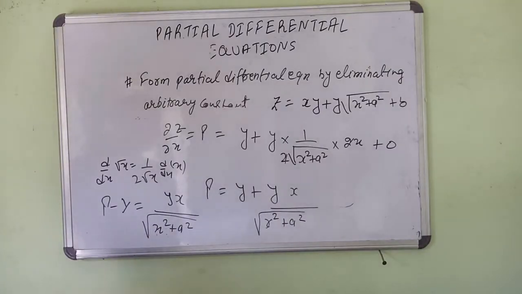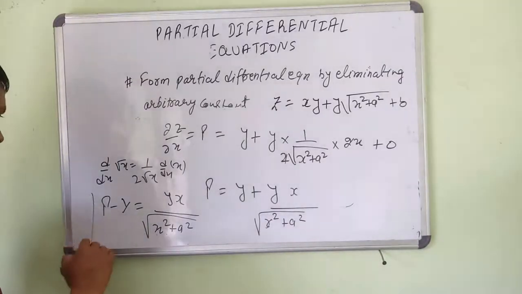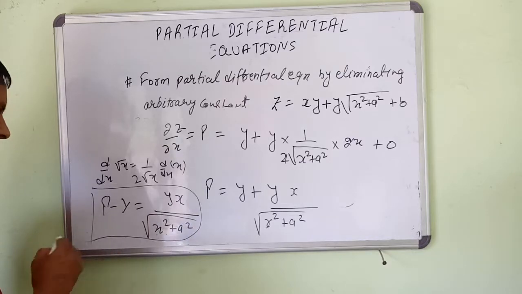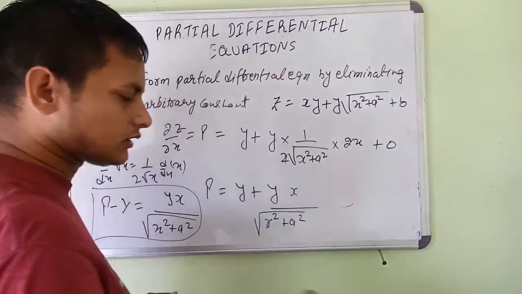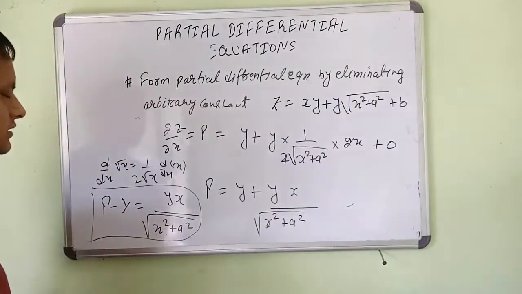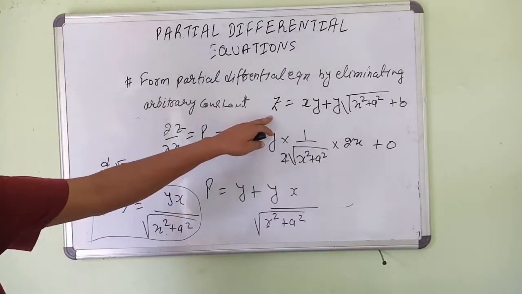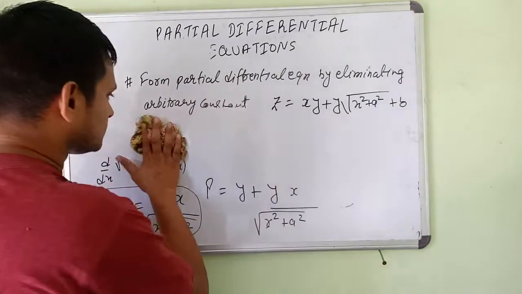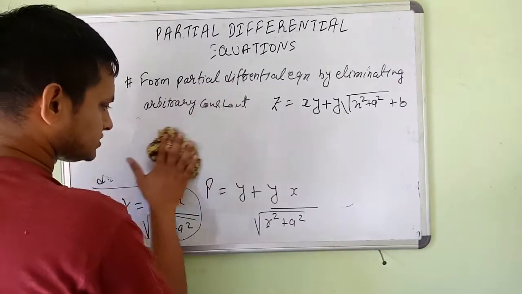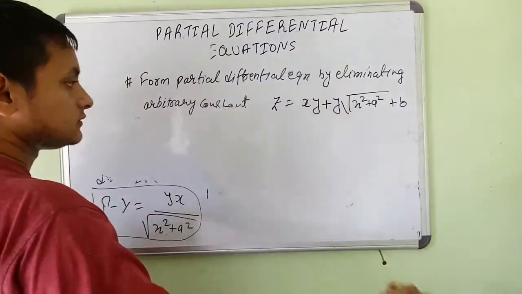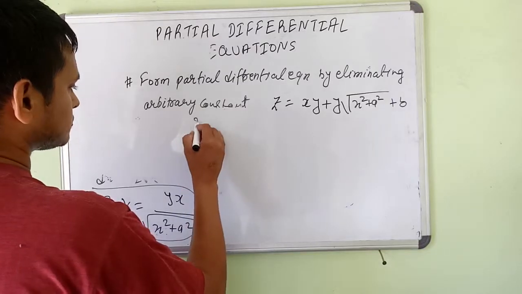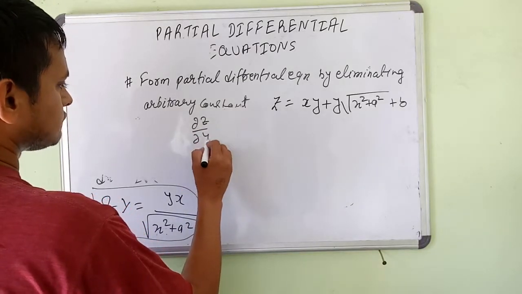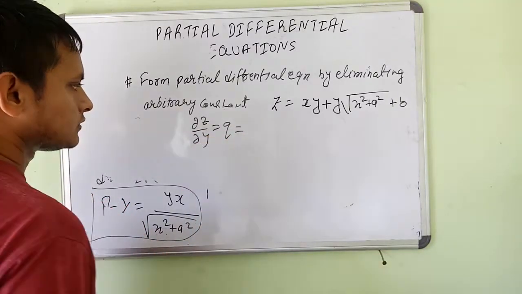Okay, so this is our ∂z/∂x. Now we again differentiate this independent variable with respect to y. So what will we get? So now differentiate z again with respect to y. So ∂z/∂y, which is equal to q.